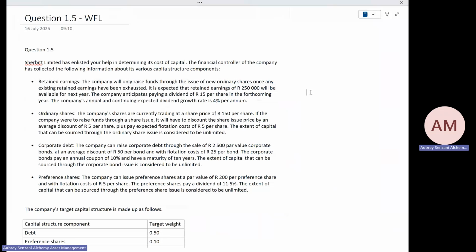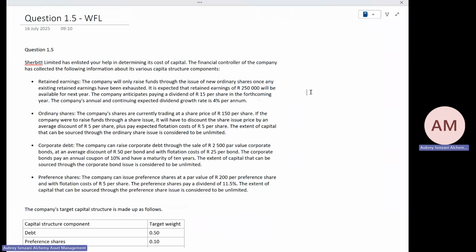The company will only raise funds through the issue of new ordinary shares once any existing retained earnings have been exhausted. Okay, so we'll only use new ordinary shares. In other words, we'll issue new ordinary shares only if we exhaust the retained earnings.